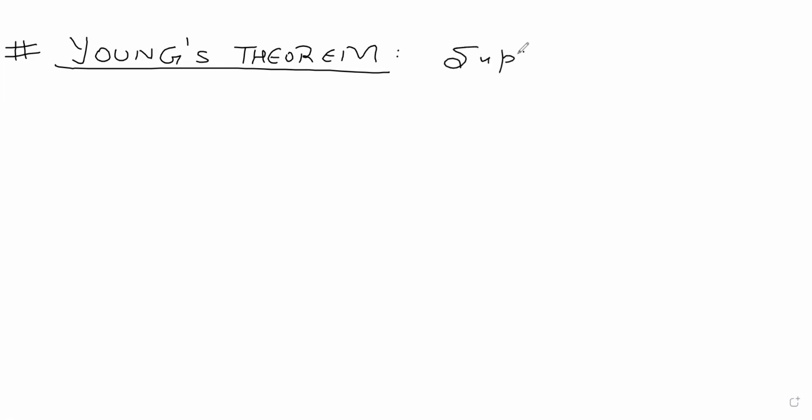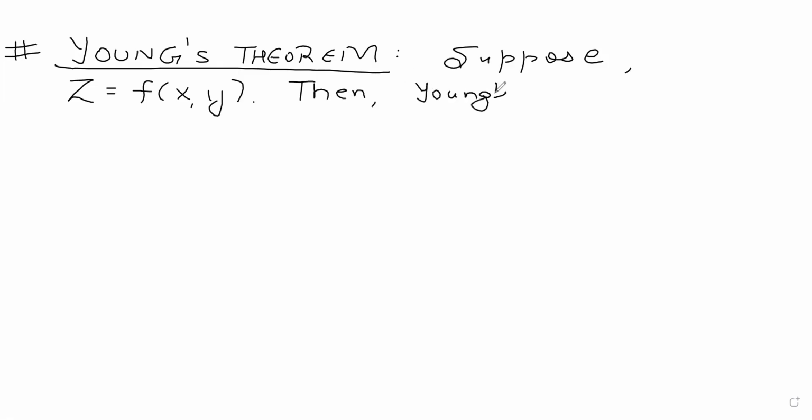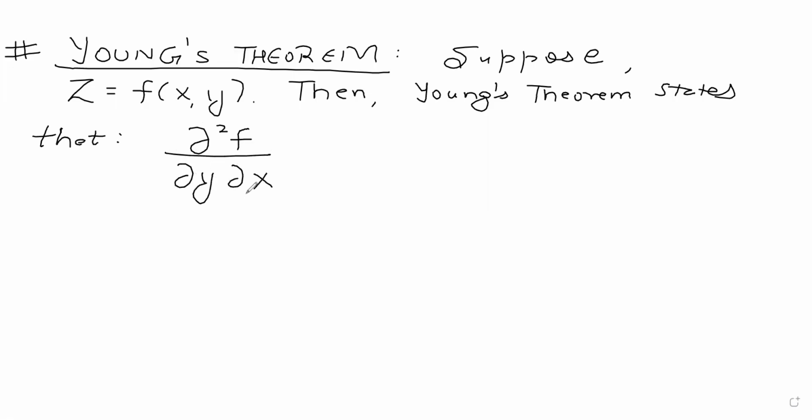Suppose I write that z is a function of x and y, then Young's theorem states that if you differentiate the function with respect to x and then differentiate with respect to y, it will exactly be equal to the derivative of the function first with respect to y and then with respect to x.